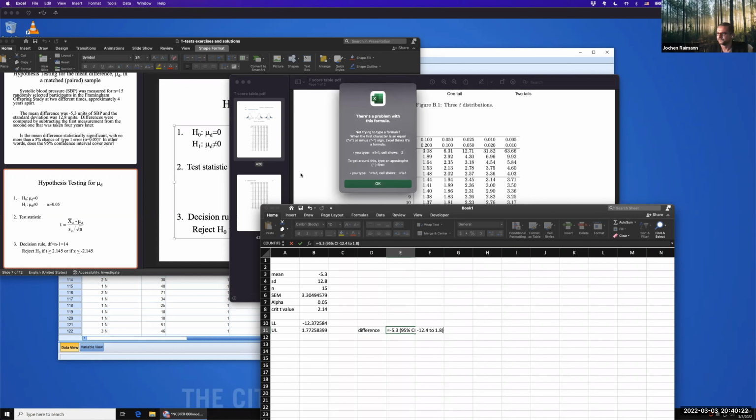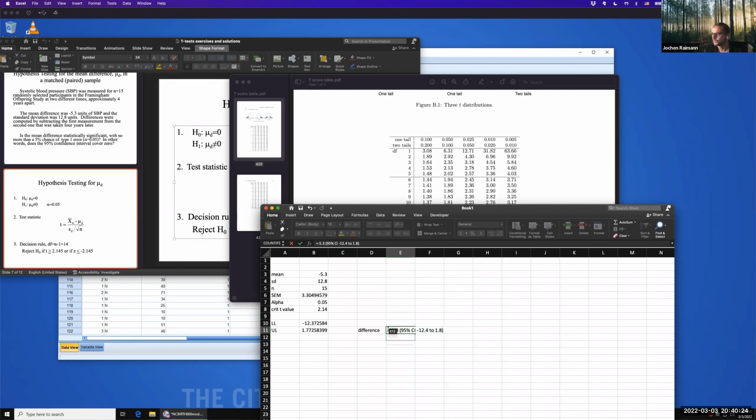Let's look at this. So minus 5.3, 95% CI is minus 12.4 to 1.8.